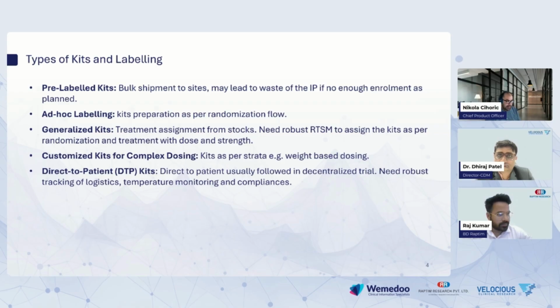There are different kinds of customized kits for complex dosing, where the kits are prepared and labeled per strata, for example weight-based dosing. Then there are direct-to-patient kits, where this type of randomization usually follows in decentralized, larger clinical trials, where you absolutely need robust tracking of all logistics, temperature chain monitoring, and all the compliances. Then next slide.